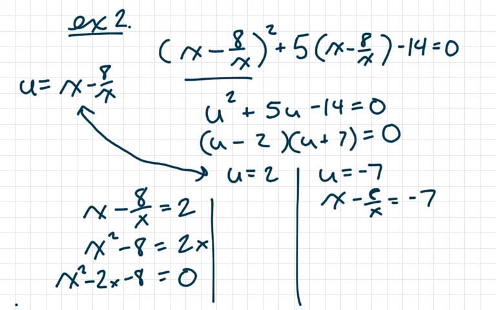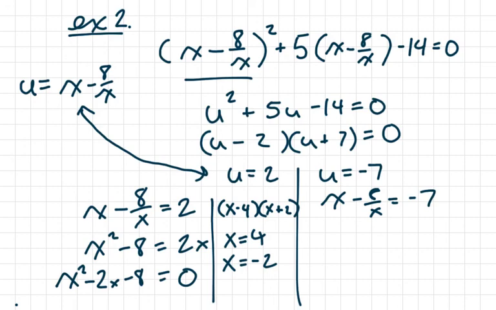I can factor this into 4 and 2. Sorry about the lack of room. I wrote too big. This is minus 4 plus 2. So our x values here are 4 and negative 2. All right. So I have those two answers.